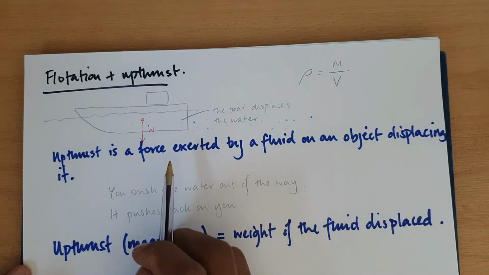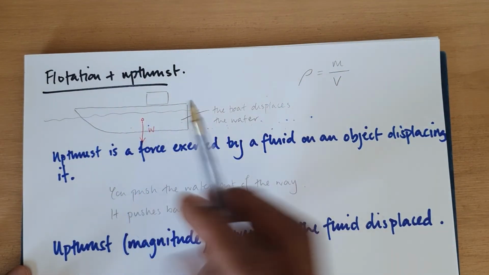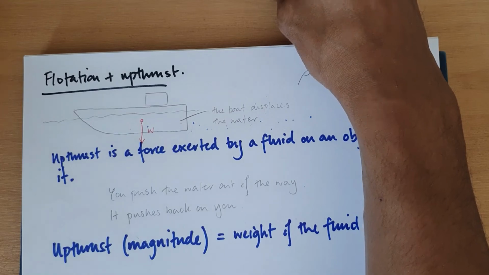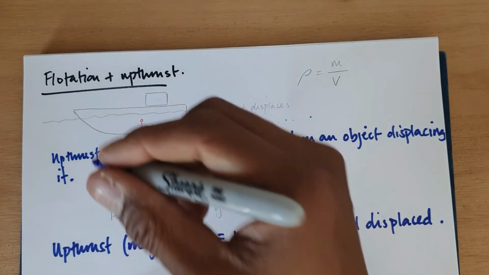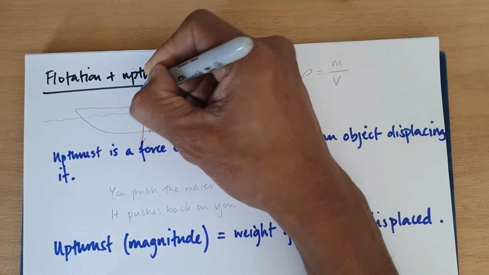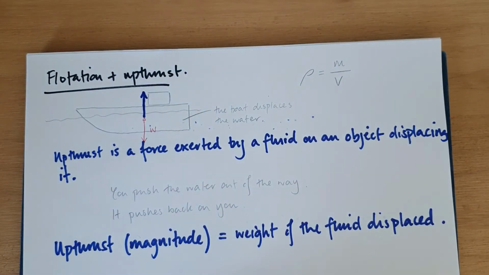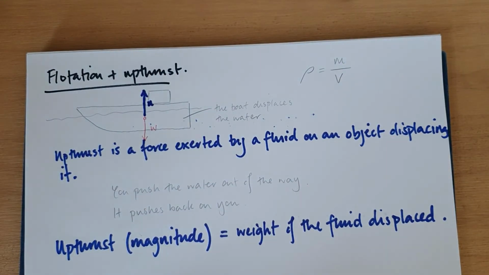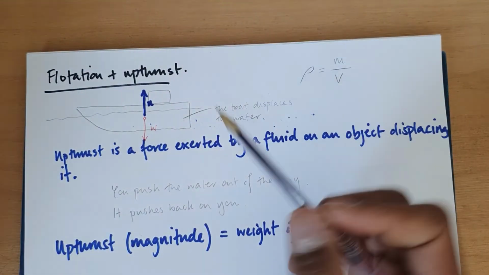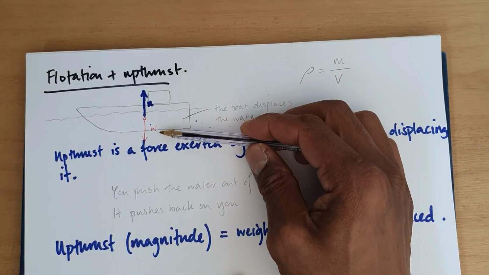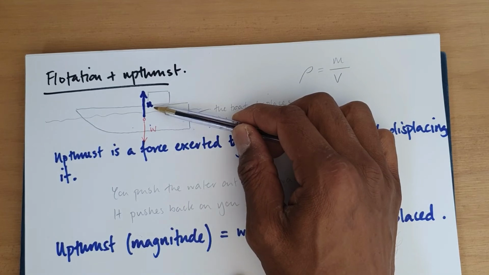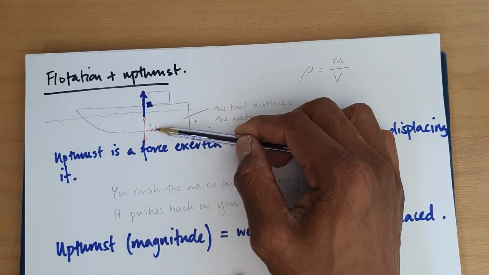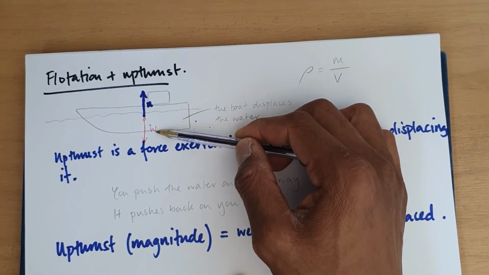Okay, and if we want this boat to float, what we need is a force up that will counteract that. And that force is provided by upthrust, okay? I'll write it as a U. So the basic idea is that we need U to be equal to W for the object to float.